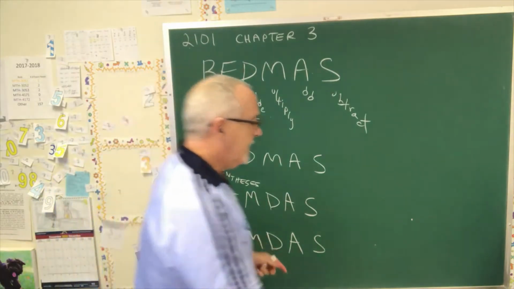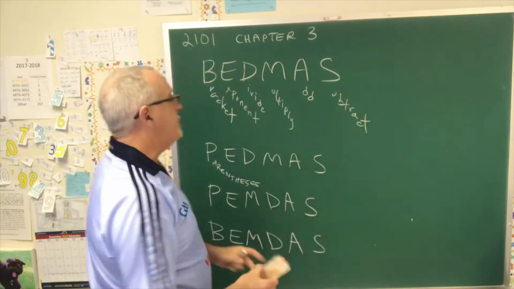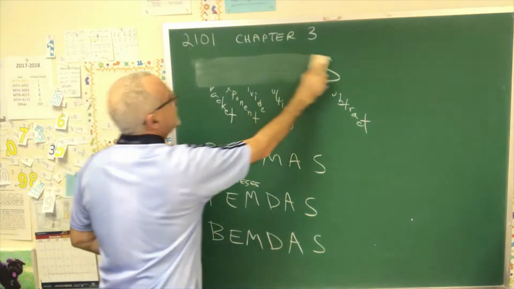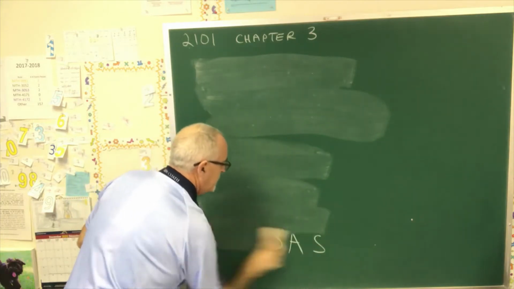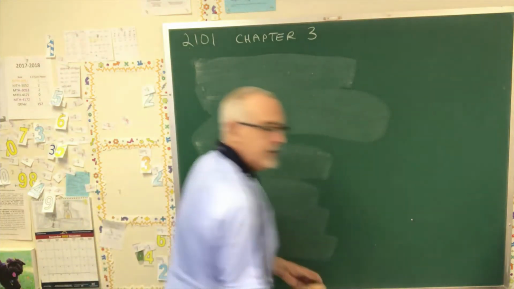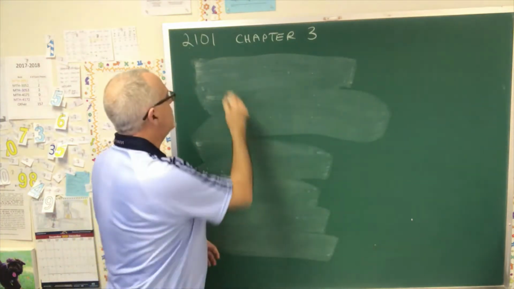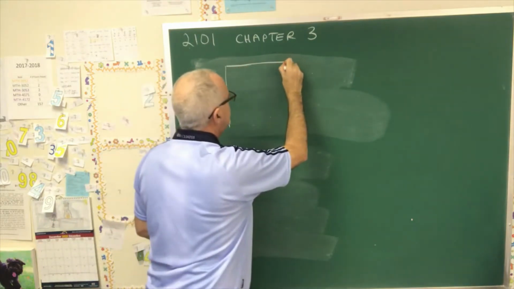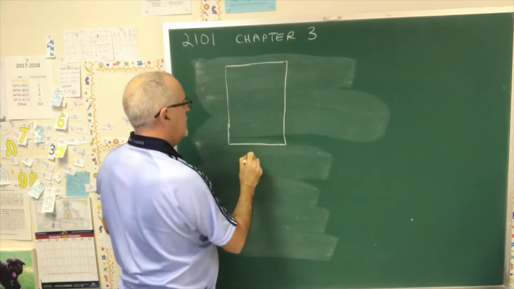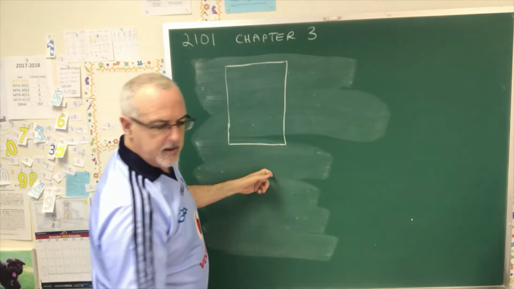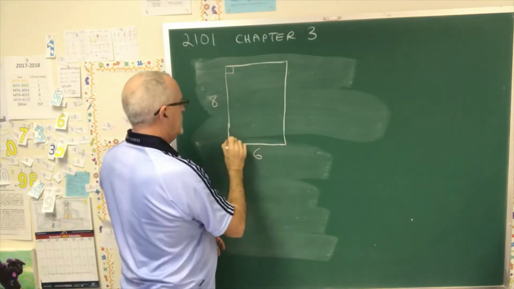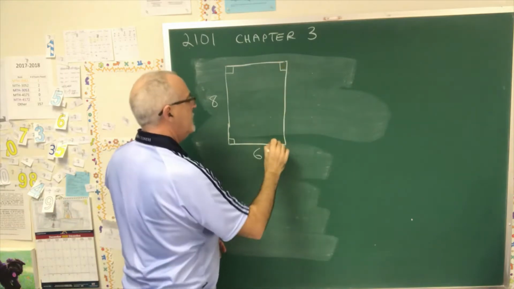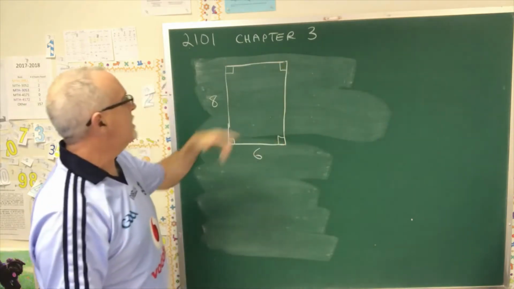Next thing I'm going to cover is a little perimeter problem. Let's make a nice simple situation. We have a rectangle. This side is 6, this side is 8. We know it's a rectangle because we're marking these little squares that show right angles at the corners.